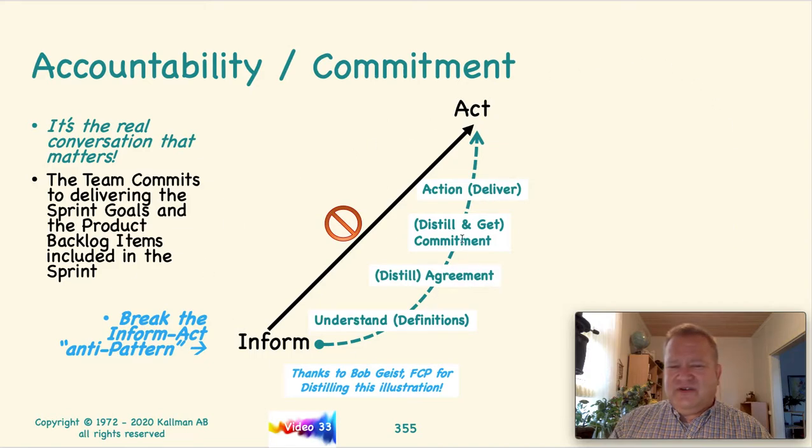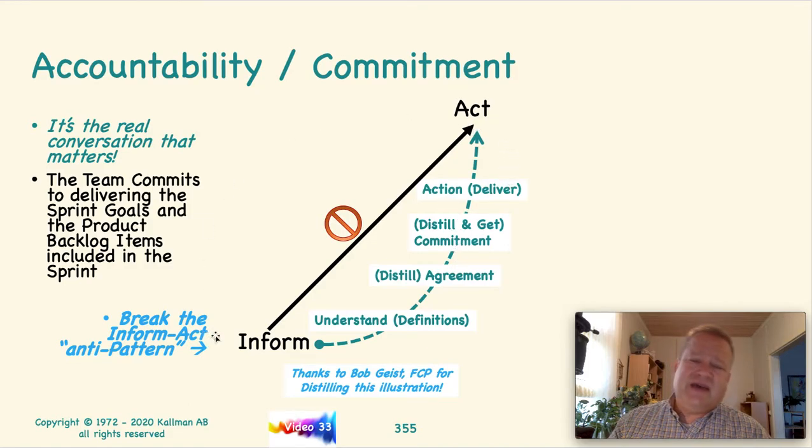I wanted to show you once again how to break the inform-act curve, and this is more the original picture where we just use the first 3 Ds: define, distill, and deliver. If you don't get understanding, if you don't distill agreement and get commitment, get the money, you're not going to be able to deliver.